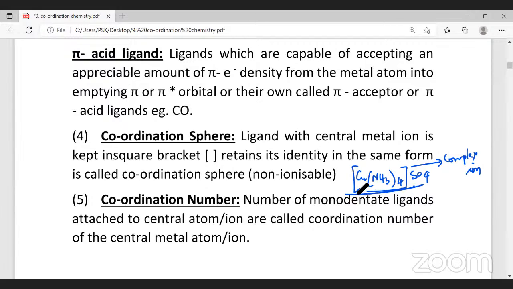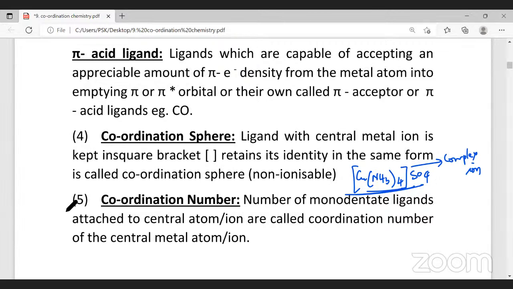So what do we mean by a complex ion? A complex ion will not dissociate to give simple ions. Coordination compounds are inorganic salts which maintain their identity in solution as well as in solid state. That means even when you dissolve it in water, the complex remains intact. The copper and ammonia will not be separated; they remain as one ion.